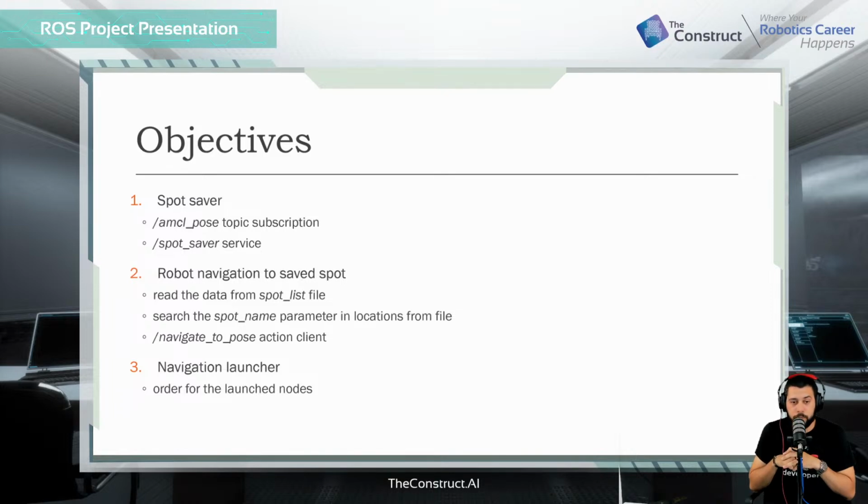And for that, we have to read the data from the spot list file, search the spot name parameter in locations from file, and use the navigate to pose action client. And the third objective is to launch all the navigation stacks.